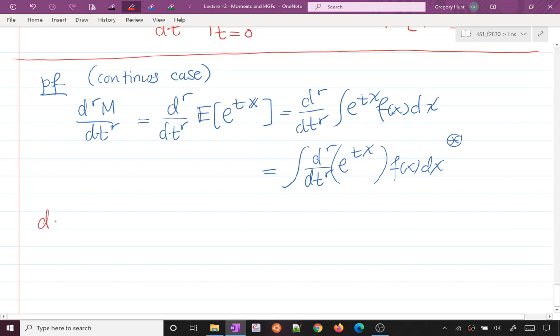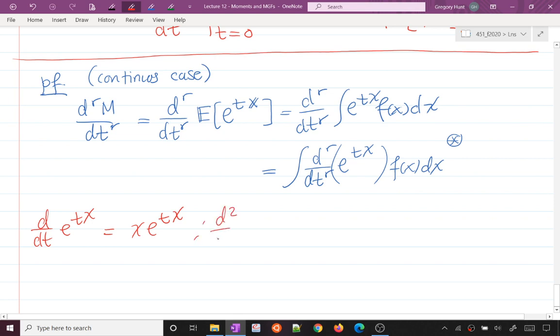Well, let's just calculate some derivatives. Let's say d/dt of e to the tx. What is that? Well, I pull down an x. It's a derivative with respect to t, so x is just some constant, and so I pull down the constant. That's the rule for differentiating exponentials.